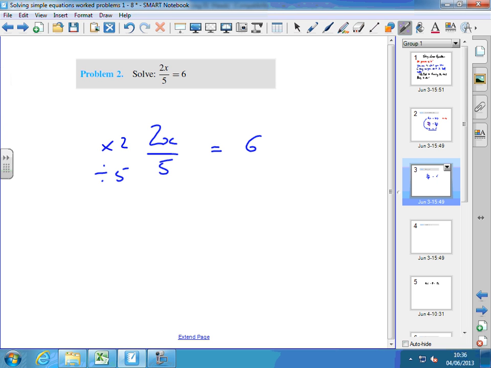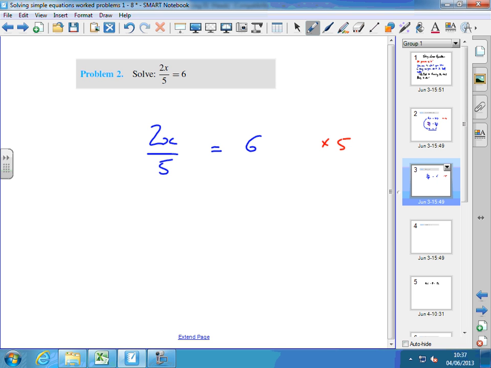I've multiplied by 2 and divided by 5. So I undo those. It doesn't matter which order I do multiplication and division, so I can either undo the multiply by 2 by dividing by 2, and then undo divide by 5 by multiplying by 5, or the other way around. So I'm going to multiply both sides by 5 first of all.